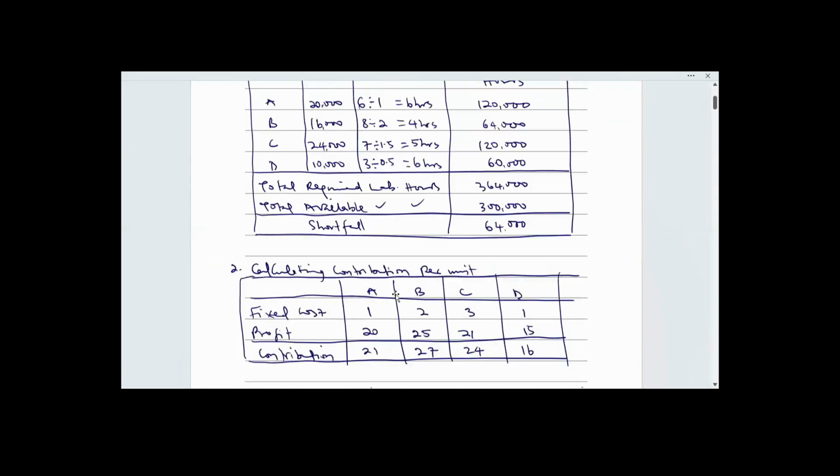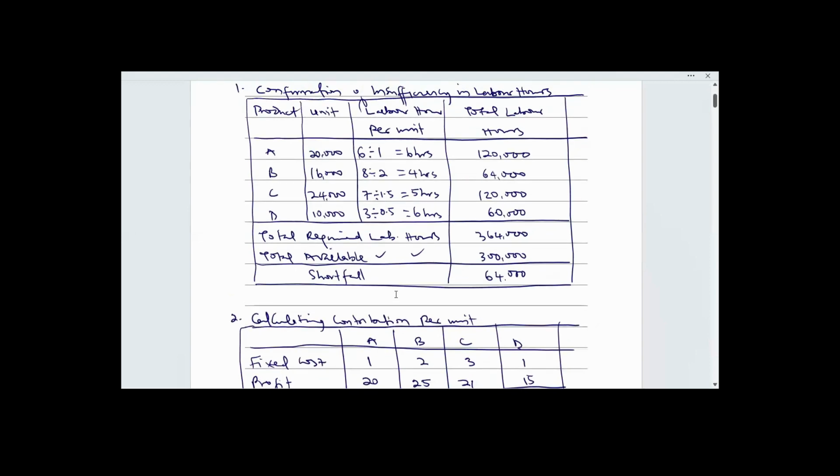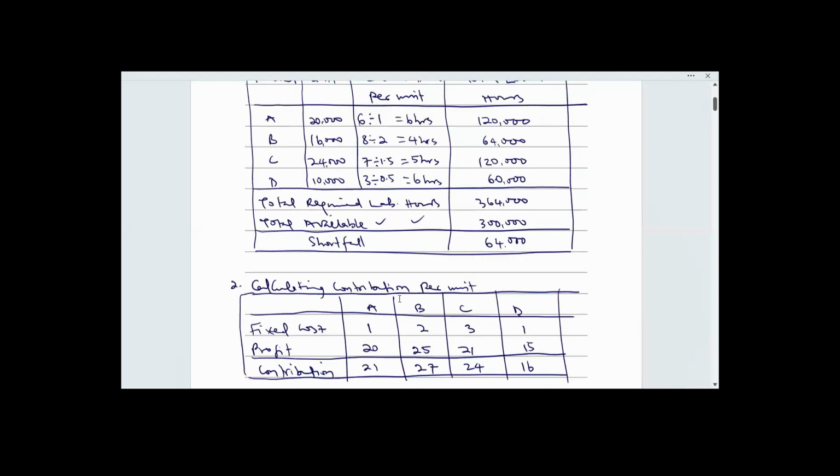Your allocation must be based on your ranking. The first ranking is product B. Therefore, 16 multiplied by 4, we got 64,000. You need to ask yourself, can 300,000 accommodate 64,000 hours? Yes. I will then put down 64.